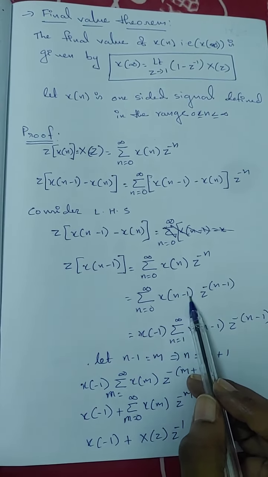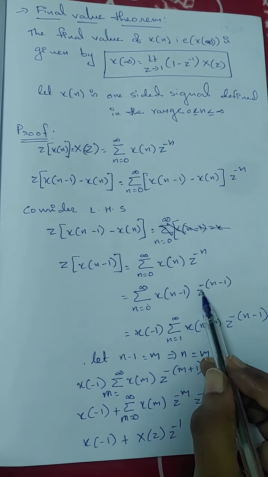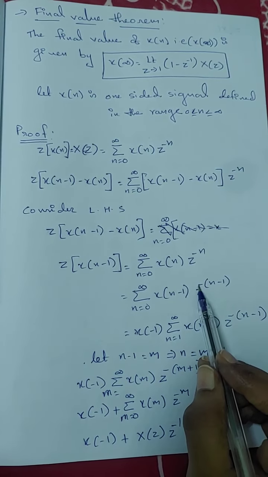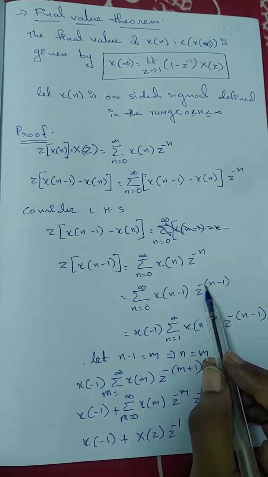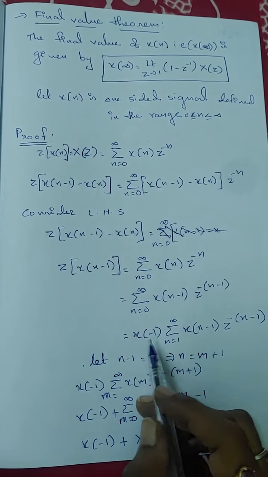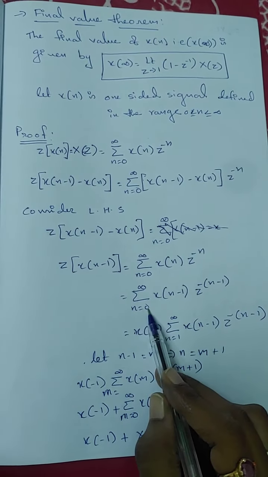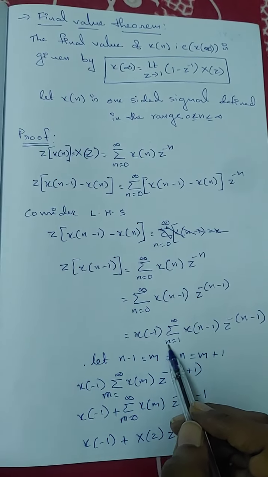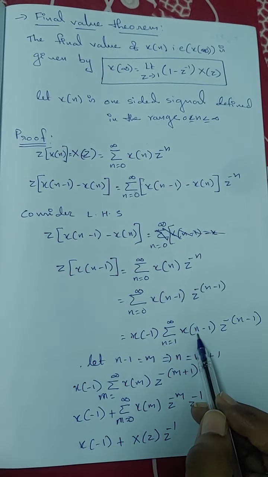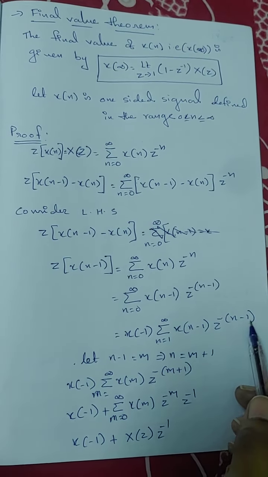So 0 minus 1 gives x of minus 1, and z power minus of minus 1, with n equal to 0, gives z power minus 1. Here x of minus 1 you have to take outside. After substituting 0, the limits become n equals 1 to infinity of x of n minus 1 into z power minus of n minus 1.